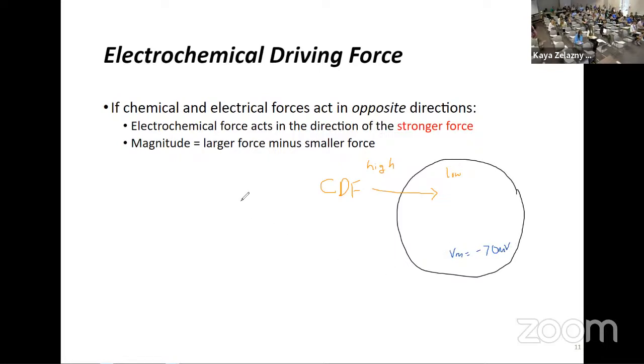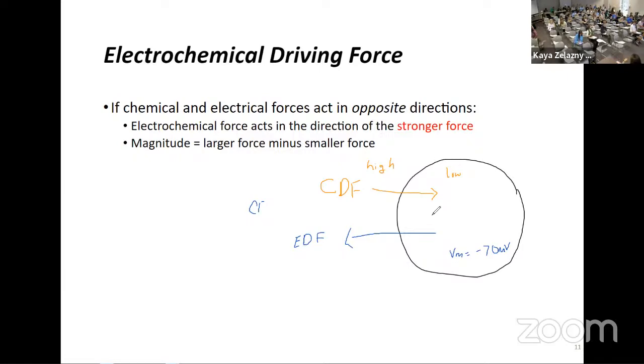We're thinking about a negative ion, so think about chloride. Okay. So it is repelled by that negative charge. So the direction of the EDF is now our EDF. Our two forces are going in opposite directions.